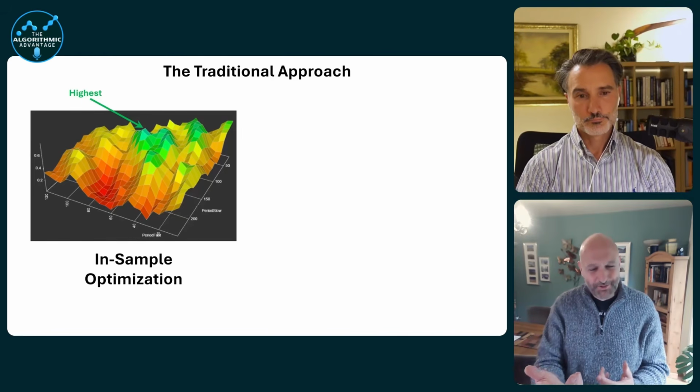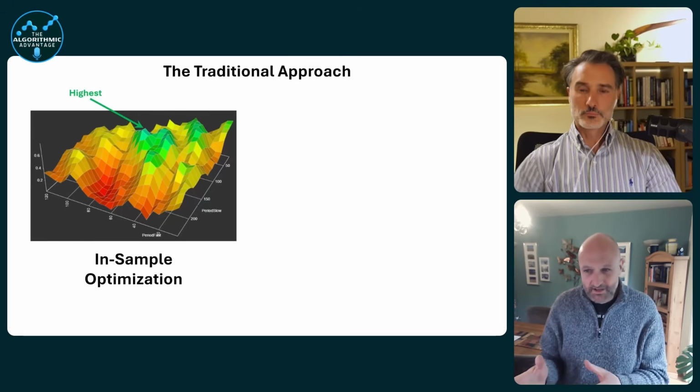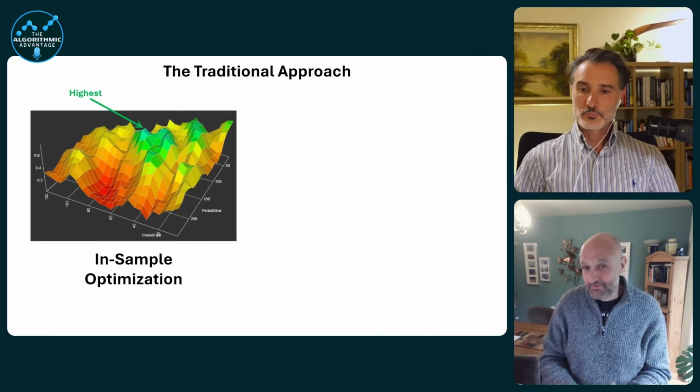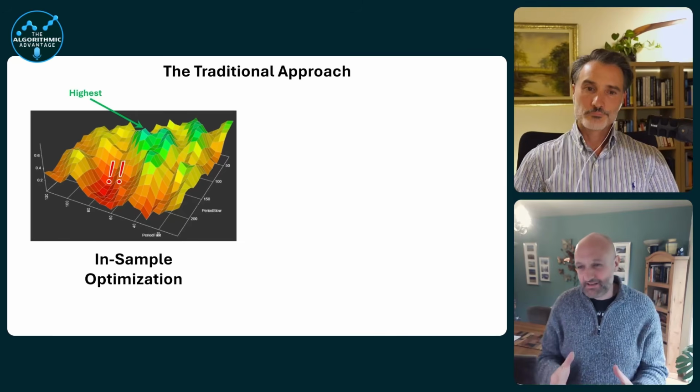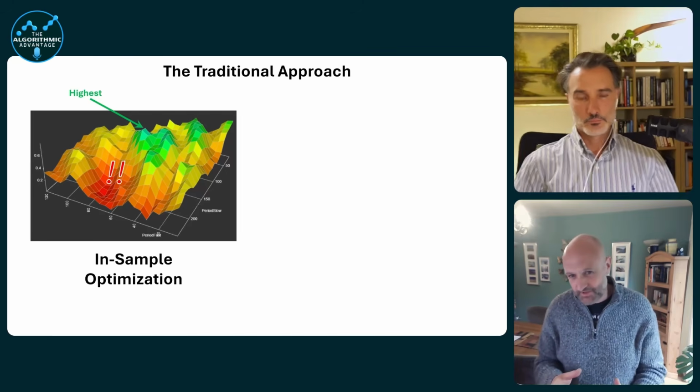We looked at this last time in terms of how different values can be influenced by noise. In this example, look at what this highest value is right next to: a hugely loss-making part of the surface. It only takes a relatively small change in market regime in the live environment to drop off a cliff in terms of performance.